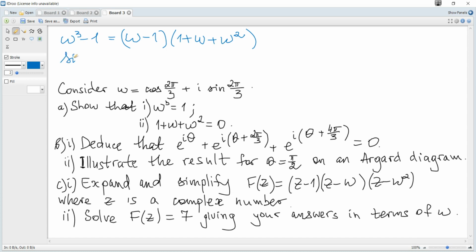And since omega is not 1, but we know that since omega cubed is 1, omega cubed minus 1 is 0, hence 1 plus omega plus omega squared is 0.